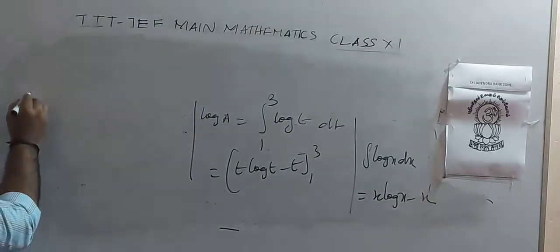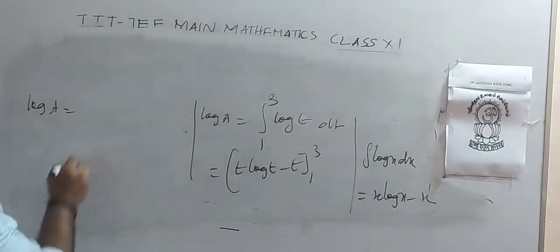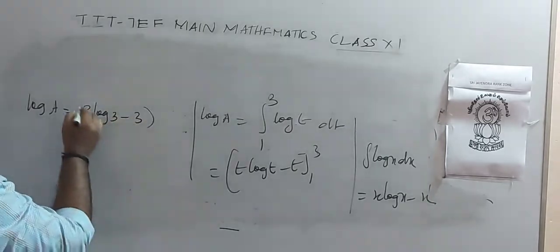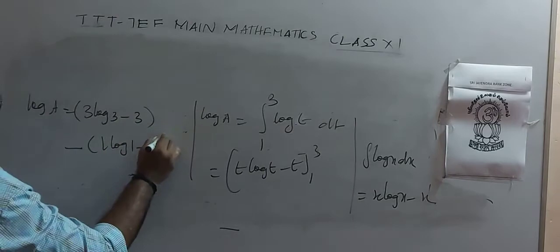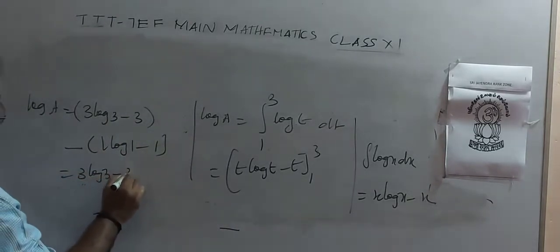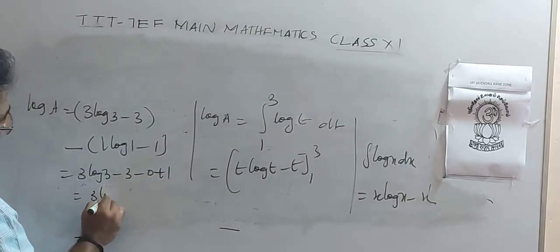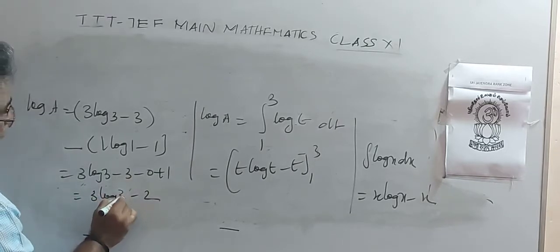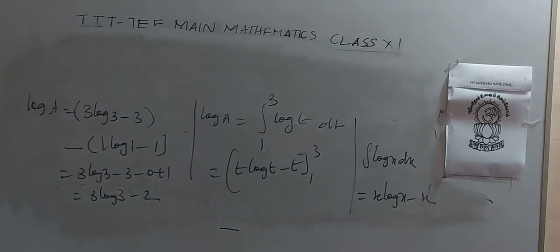So log a equal to, applying upper limits, 3 log 3 minus 3, minus, applying lower limits, 1 log 1 minus 1. 3 log 3 minus 3 minus 0 plus 1, that is 3 log 3 minus 2.